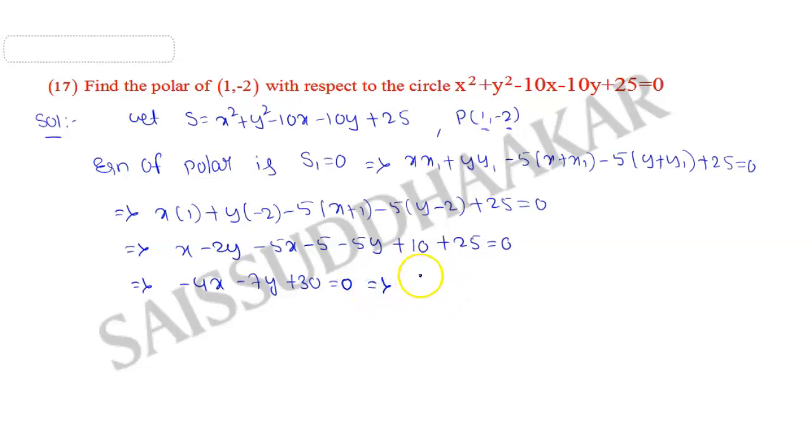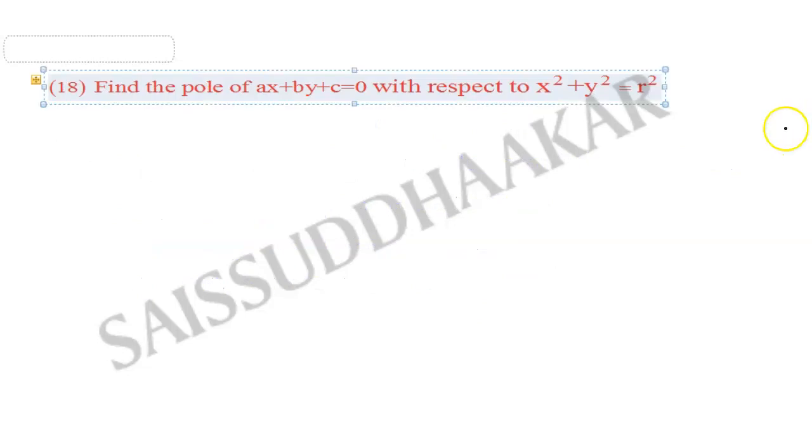Implies taking common minus, 4x plus 7y minus 30 is equal to 0. This is the answer. So the equation of the polar formula we need to remember here. What is that formula? S1 is equal to 0. This is the formula we need to remember. Okay, right. Now go for the next question.